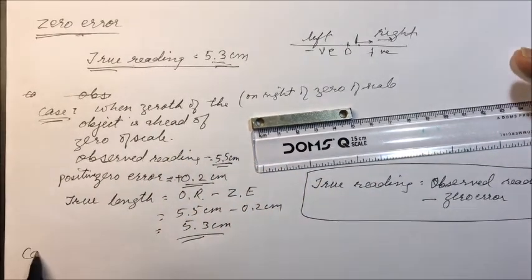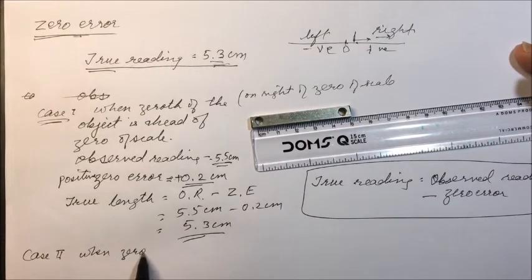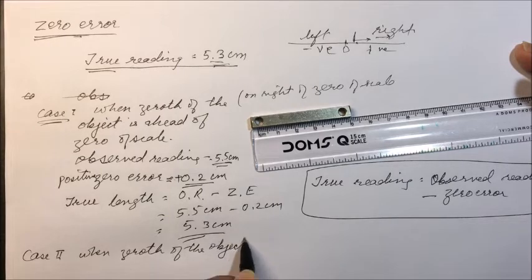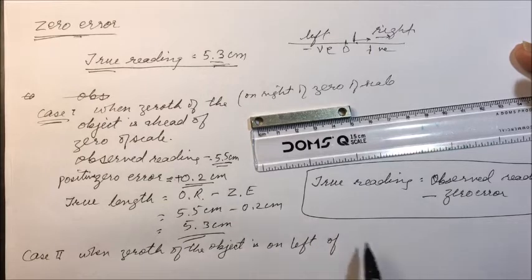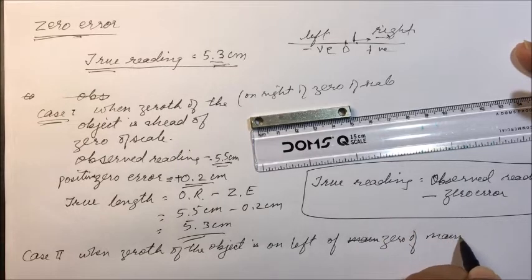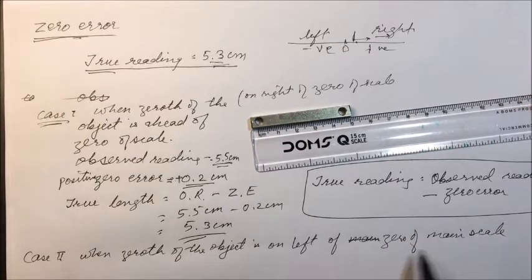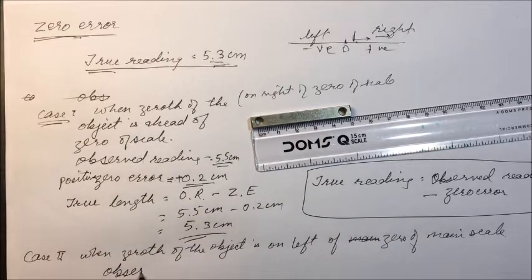So case two, when the zeroth of the object is on the left of the zero of the main scale, and this time the observed reading equals 5 centimeters.